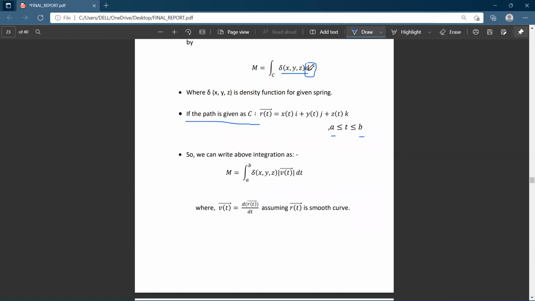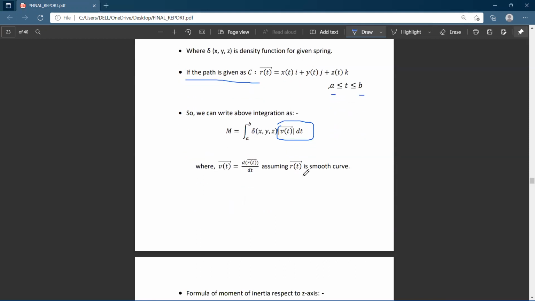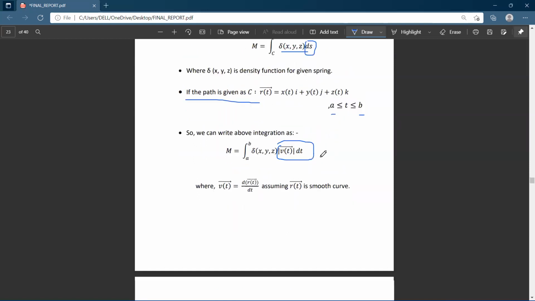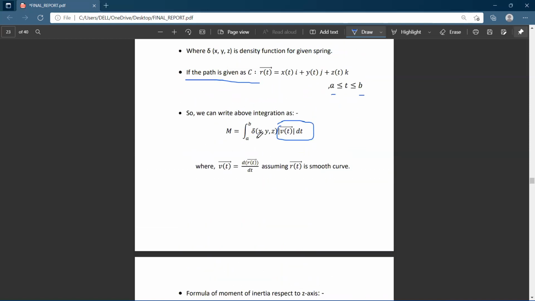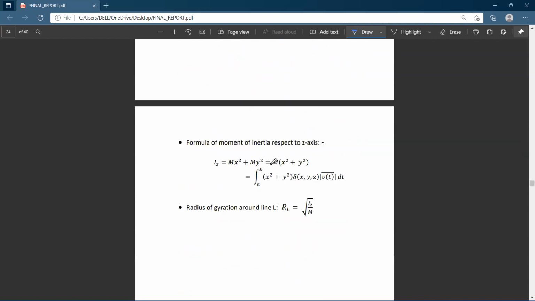We can replace ds with the modulus of v, which is the velocity vector, times dt, so we are converting ds into parametric form. v is obtained by differentiating vector r with respect to t.